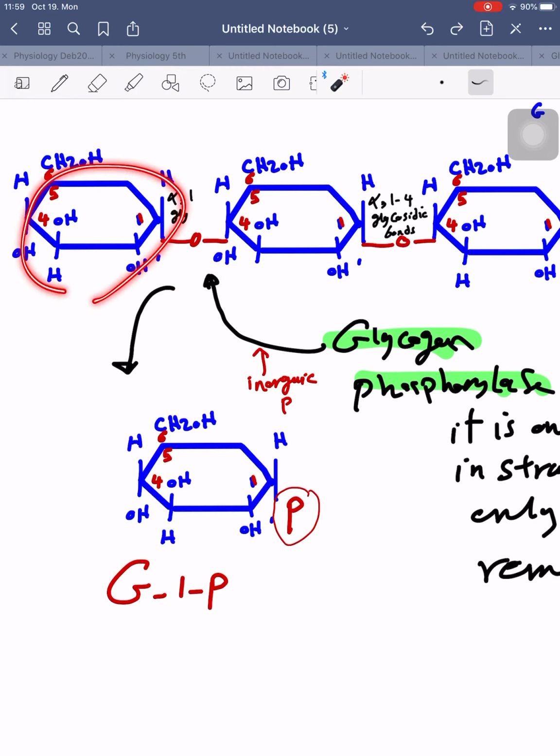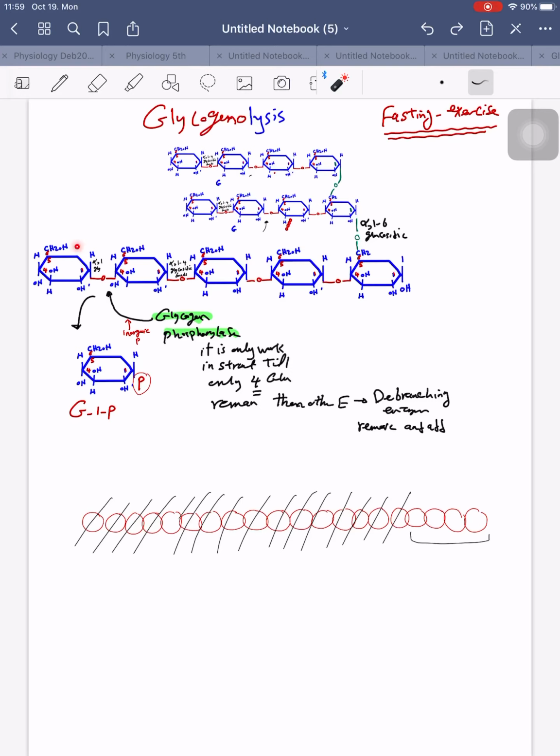It is glucose 1-phosphate. Remember, glycogen phosphorylase will cut from the non-reducing end. And the released glucose is not free glucose. It is glucose 1-phosphate.